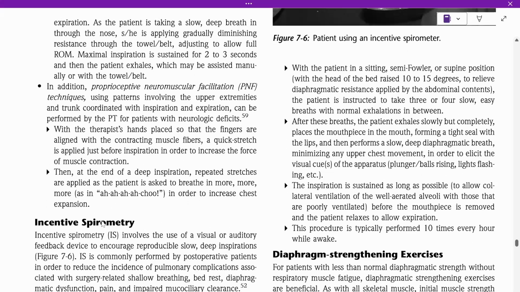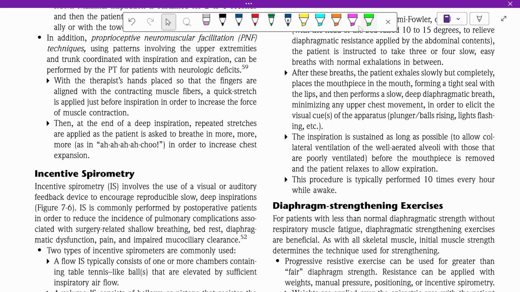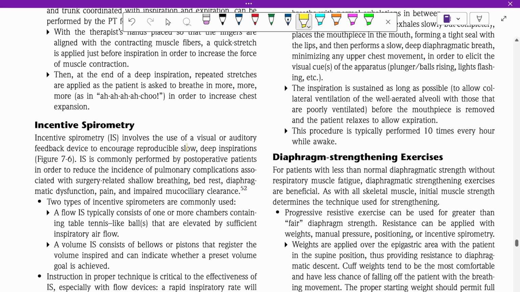Now, incentive inspirometry. Incentive inspirometry involves the use of a visual or auditory feedback device to encourage reproducible slow deep inspirations.